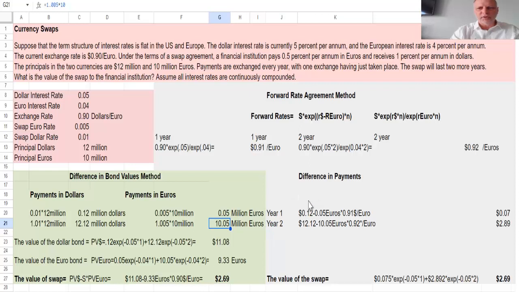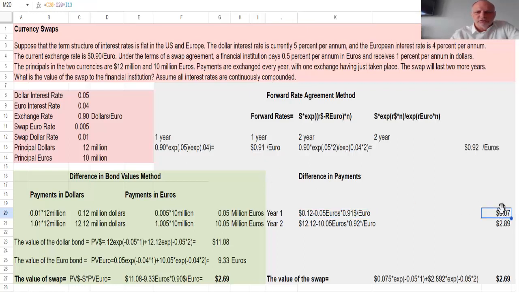So under the difference of payments method, the payment in 1 year is going to be $0.12 million minus 0.05 million euros times the exchange rate in 1 year of $0.91 per euro.